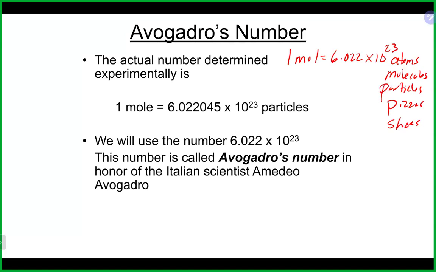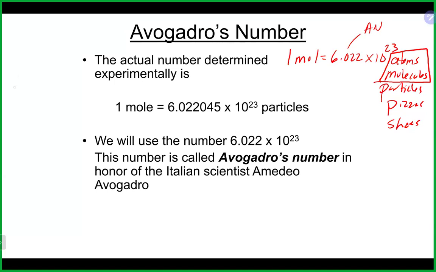When you say a mole of something, it equals 6.022 times 10 to the 23. Outside the occasional pizza, in chemistry the two common units you will use with Avogadro's number are atoms or molecules. It doesn't really matter what it is. This is Avogadro's number, 6.022 times 10 to the 23.